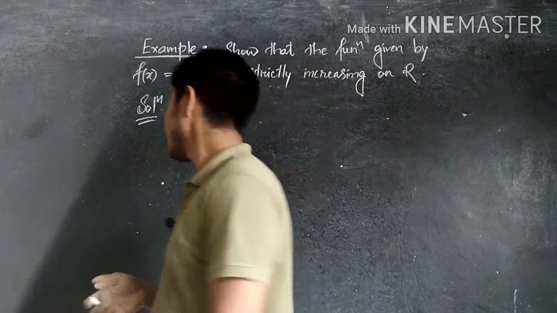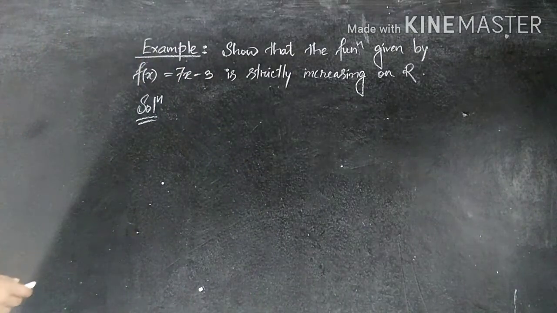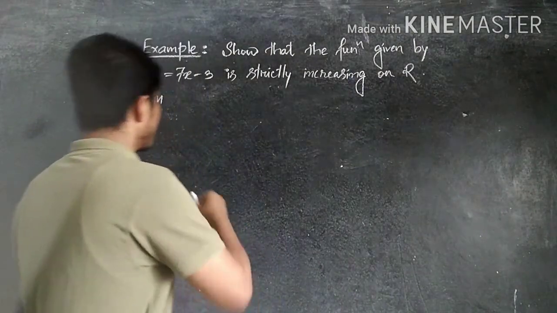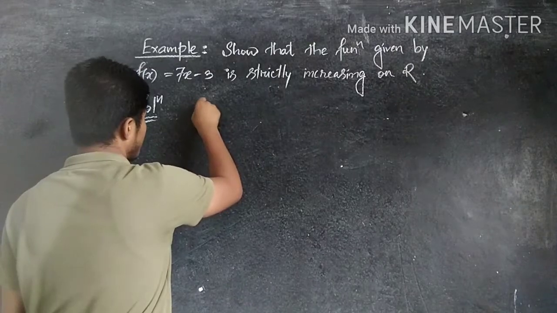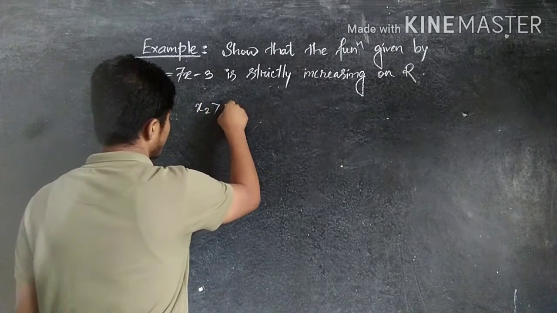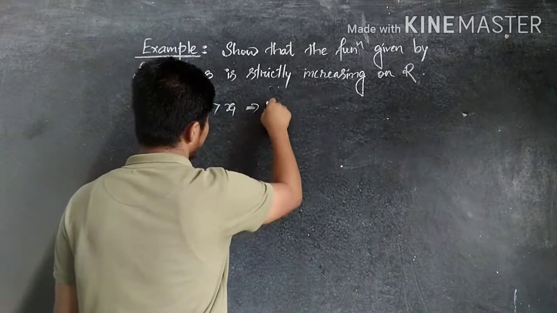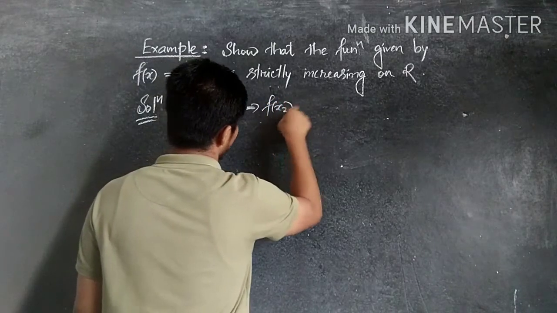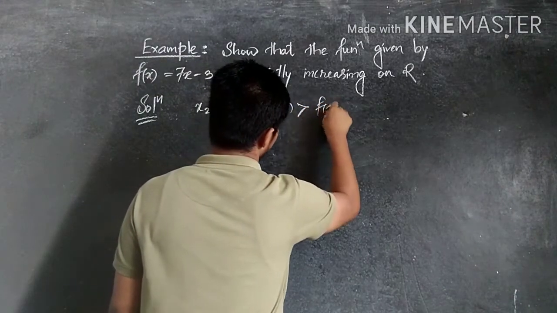The condition is that x2 is greater than x1, strictly increasing, is it not? This gives us f of x2 is greater than f of x1.